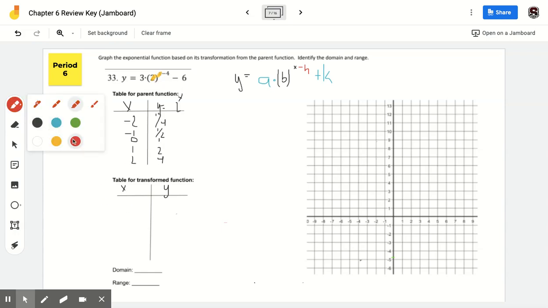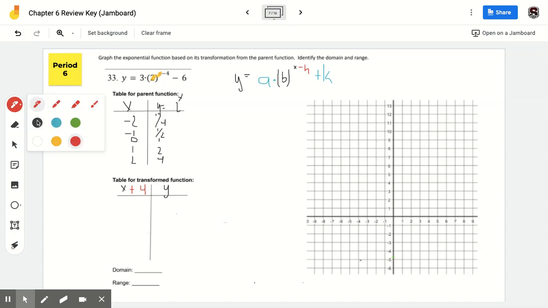So in red, I'm going to look to my formula and see what is happening to my x's. Well, this is minus h, so this 4 is happening to my x's. And you need to remember that it's always going to be the opposite. So if this says x minus 4, you're going to say x plus 4 because this is really shifting 4 to the right.